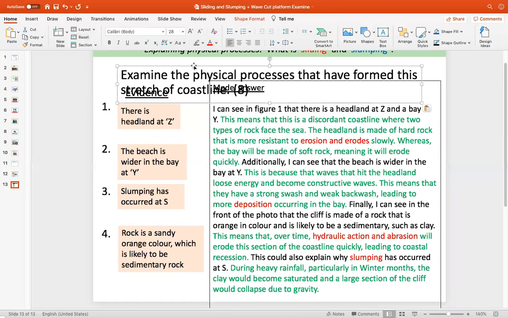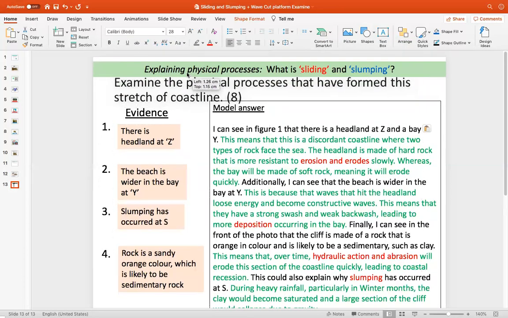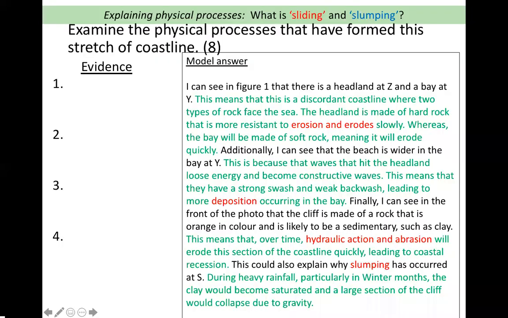I hope you found that helpful and that now you can explain what sliding and slumping is, and you can also have a go at an 8-mark exam question. Don't be afraid. It's all just about that evidence and explanation, examining what is happening in the photo. Take care. Hope you found the video useful and see you soon.